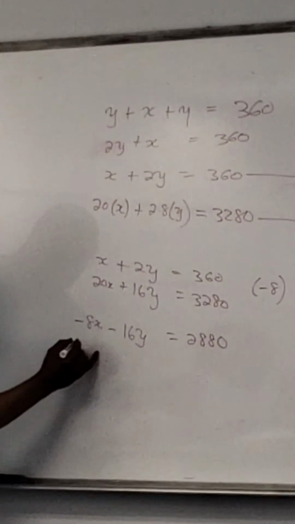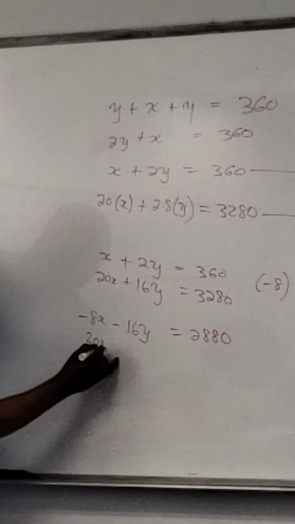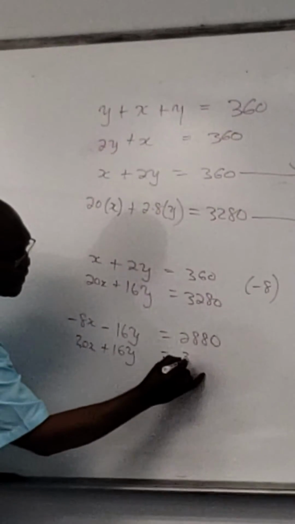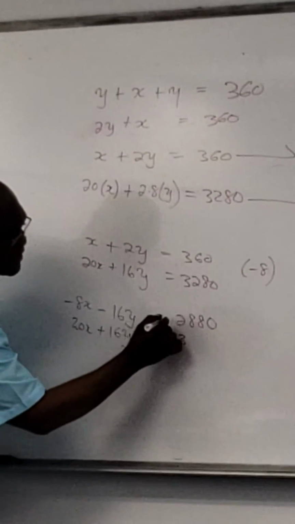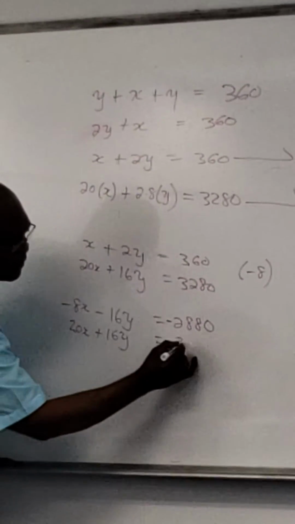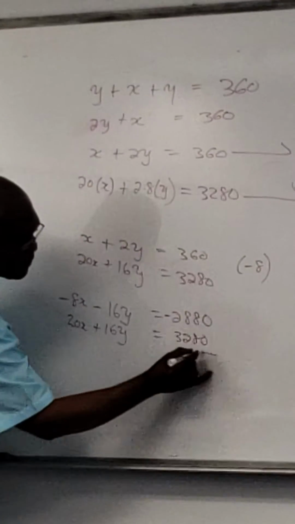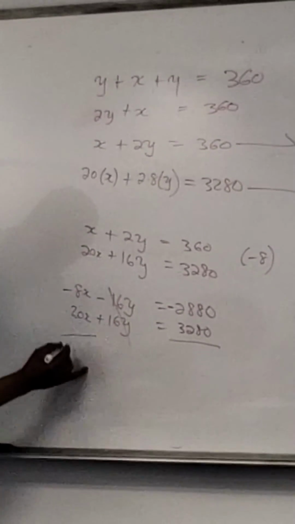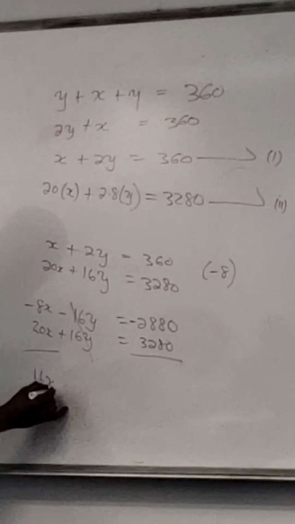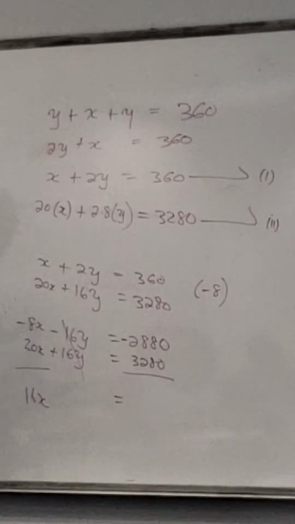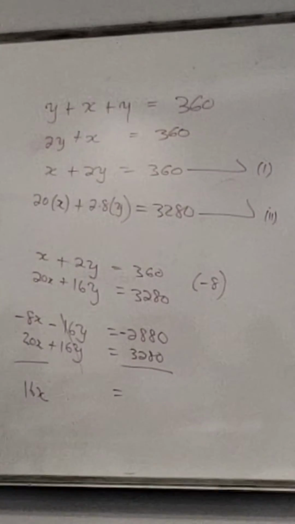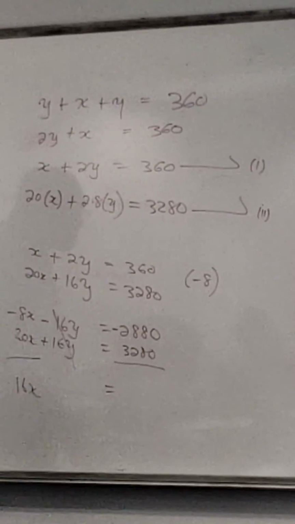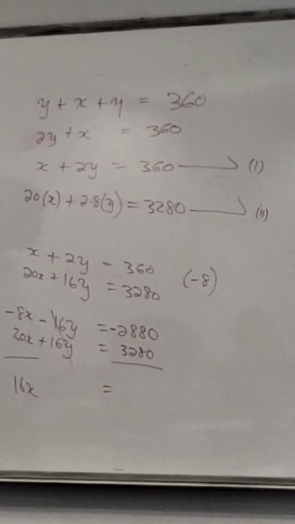And the second equation would be 20x plus 16y equal to 3280. So these two cancel. This gives me 12x. What does this value give me? 3280 minus 2,880 is 400.